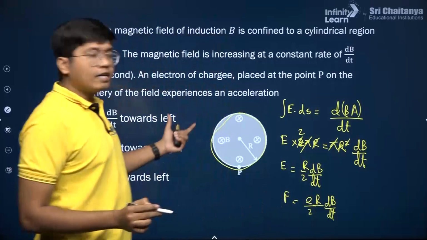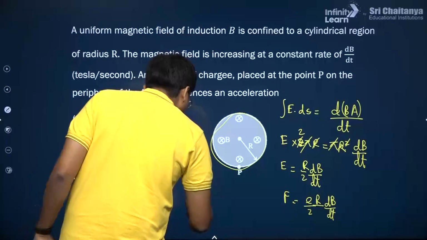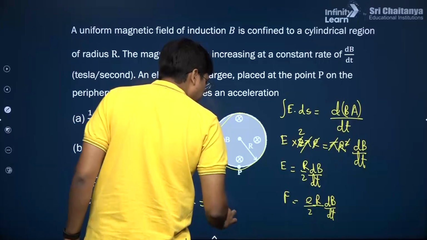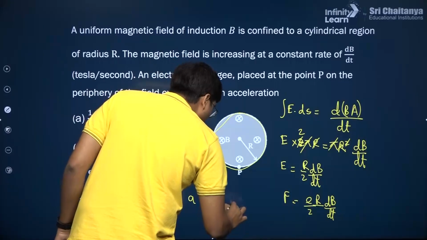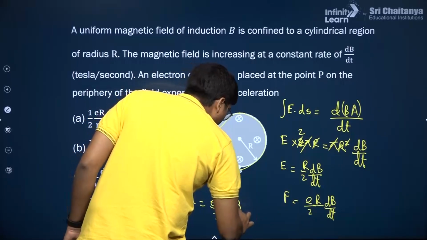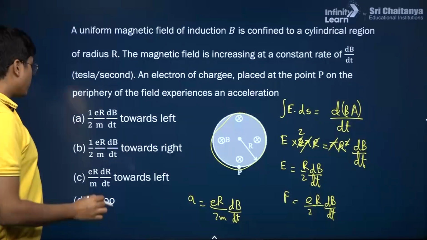Now we want the acceleration, force is mass into acceleration, so the acceleration would just be this divided by the mass, which is eR by 2m into dB dt. Okay, so we have eR by 2m into dB dt.